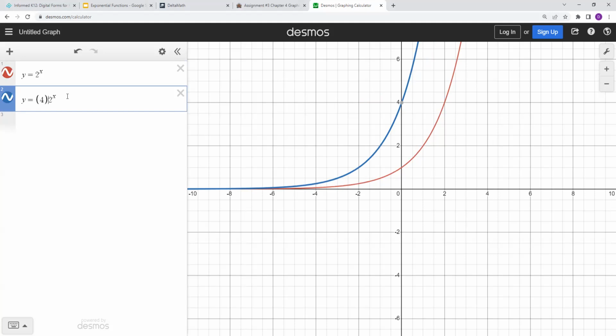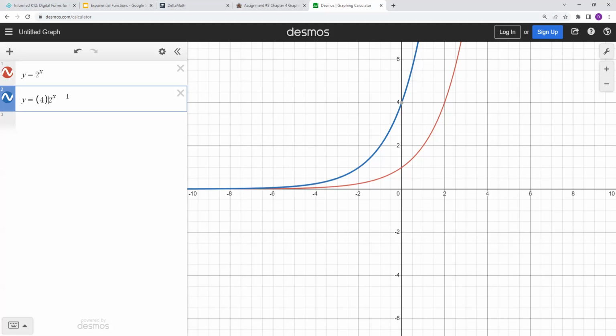This is written, I think, as y equals a times b to the x minus h, plus k. Yeah, this is a good way of putting it.